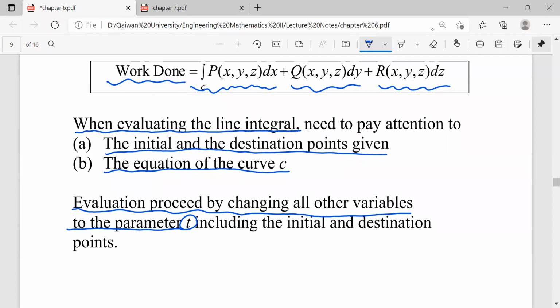We find each of x, y, and z as a function of t. Then we replace them in the integration, and we get a function of t. Then we find its integral, including the initial and destination points. If the initial and destination points are given as x, y, and z, we must convert them to t. We did it before.